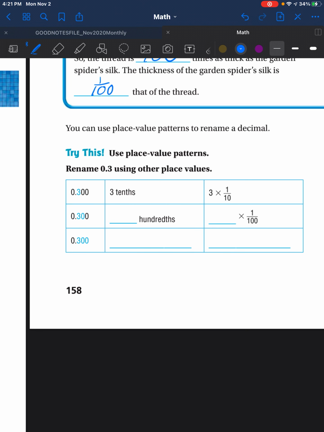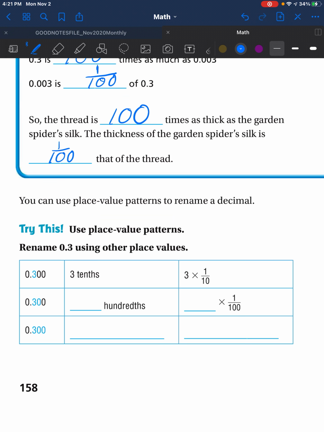Down here, it says use place value patterns, rename 3/10 using other place values. The first one's done for us. The 3 is the only one that is highlighted in blue, so the value of that would be 3/10, also represented as 3 times 1/10, right? The next one is the 3 and the 0 that are highlighted. That would give us 30 hundredths, and also 30 times 1/100.